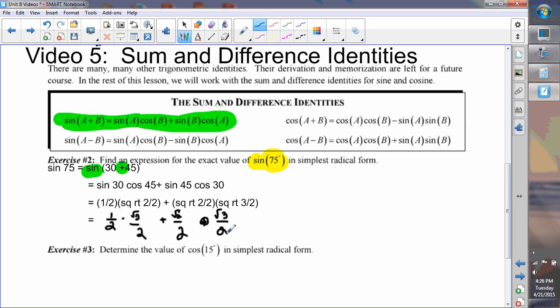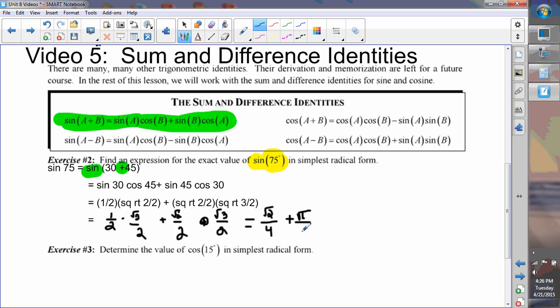And when you do this, in the first fraction, you do top by top. So I get the square root of 2 when I do 1 times the square root of 2. And on the bottom, I get 4. On the right set of fractions, I get square root of 6 over 4.